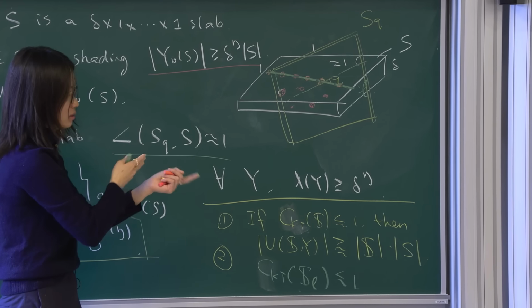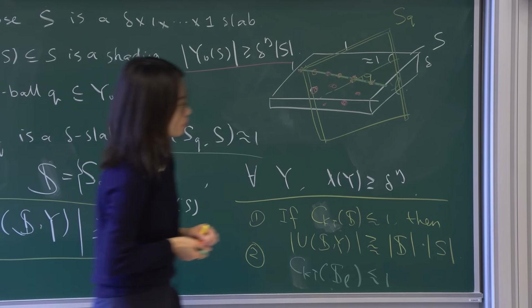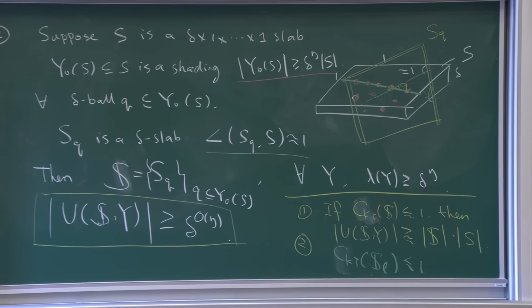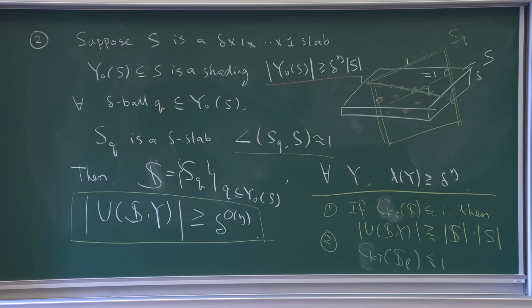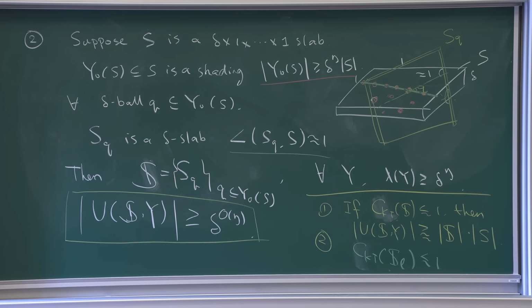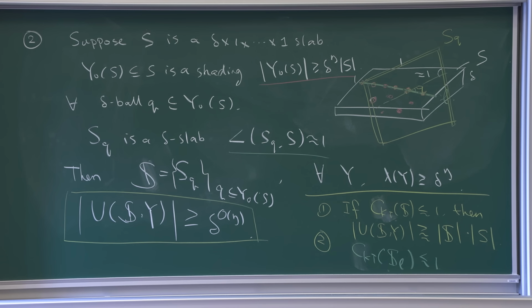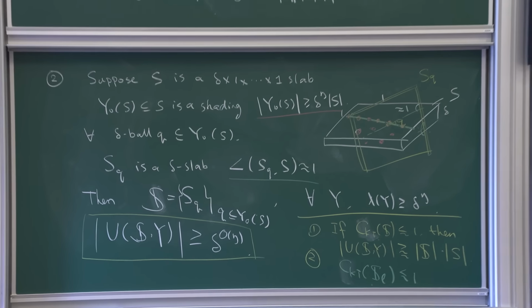Such a line exists by random choice. Okay, I'm omitting a lot of details, but I hope at least the idea is roughly clear. We are going to use those two claims in the later proof.